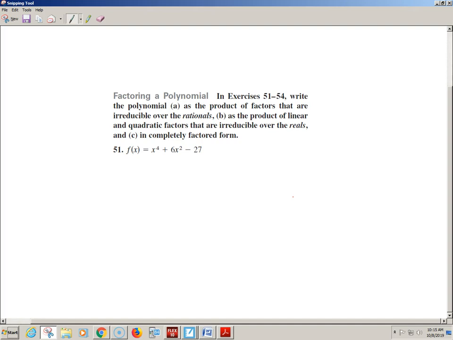Imaginary or complex. So basically, ready? Letter A says keep it nice. Letter B says keep it real. And letter C says all of them. Means you can go imaginary.